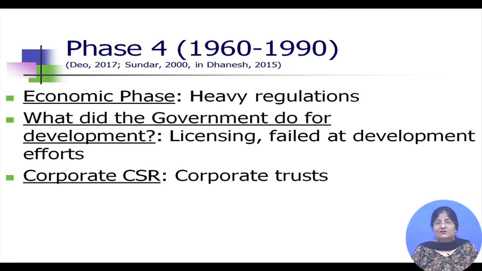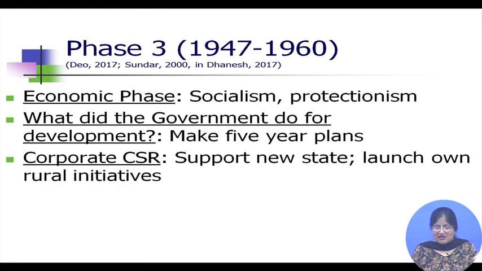And in this phase, the economic undercurrents were heavy regulations. Now we have built something. In the previous time, we were trying to protect something. There was socialism, and then by then we had started building things.